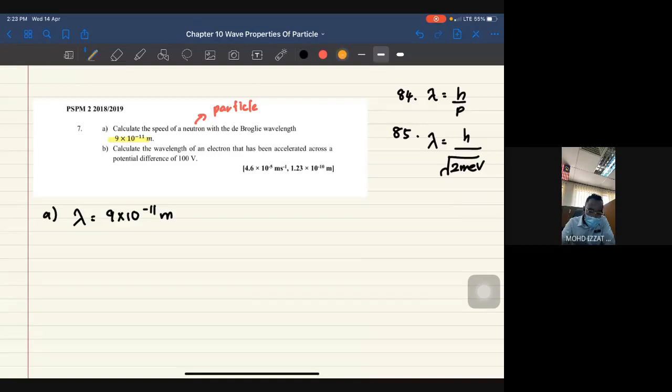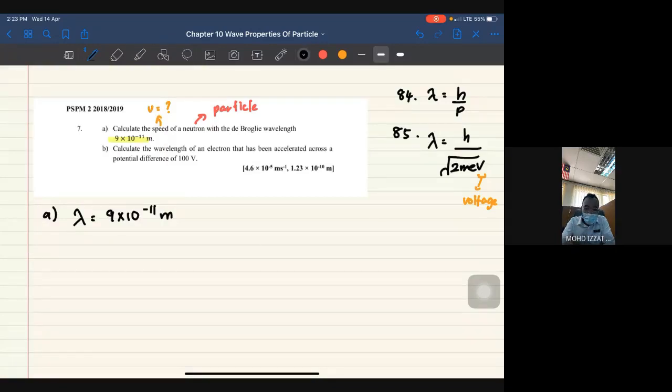The speed is actually equal to v, right? If you look over here, don't confuse it with this V. This is actually capital V. V over here represents the voltage. And since the question didn't say anything about the voltage, we have to use equation 84.